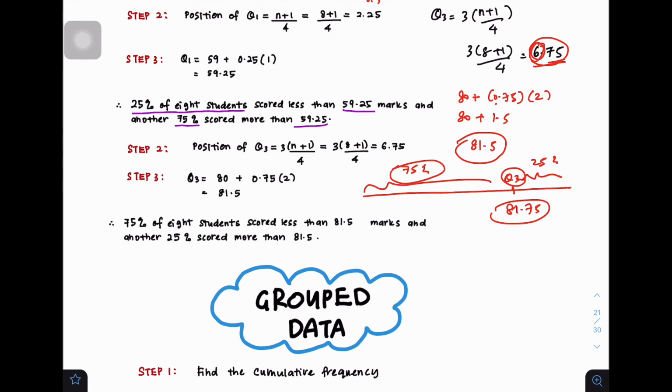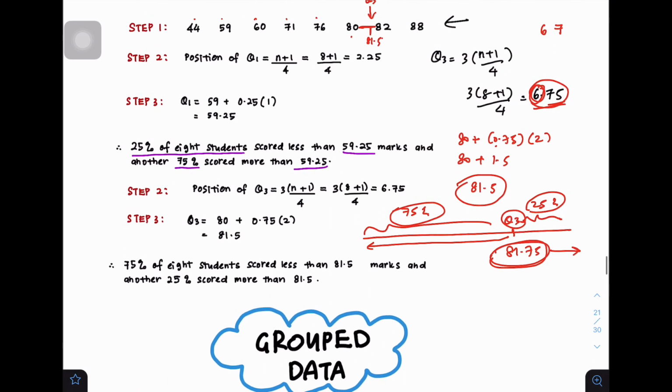So tengok 75% duduk kat bawah. So 75% of student score less than 81.5 dan 25% student score lebih daripada 81.5. Okay, so ini yang diberitahu oleh Quartile. Macam mana Quartile memecahkan data kita kepada dua bahagian. Okay, dan cara nak cari Quartile adalah dengan mencari dulu apa dia position kita punya Quartile. Ini for ungroup data yang tak ada frekuensi.